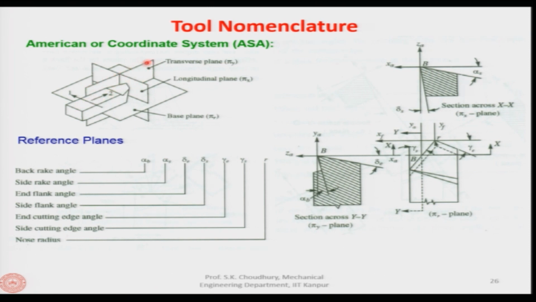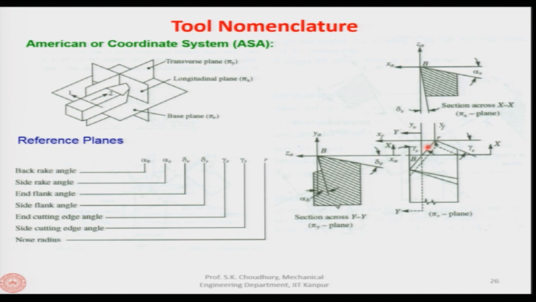So, this plane is parallel to the transverse feed and this plane is parallel to the longitudinal feed. These are the three mutually perpendicular planes by which the tool angles are defined in the coordinate system or the American system. So, let us see how it is defined.